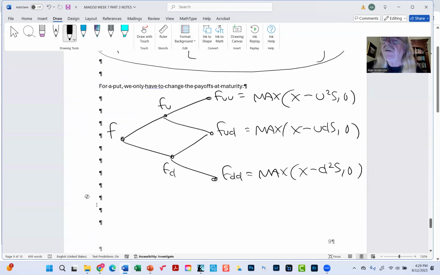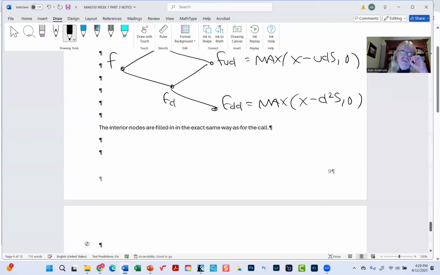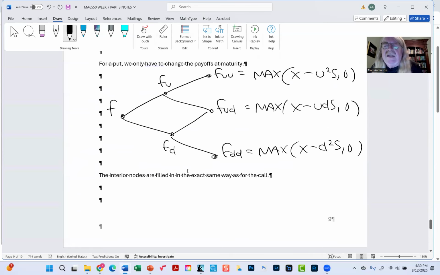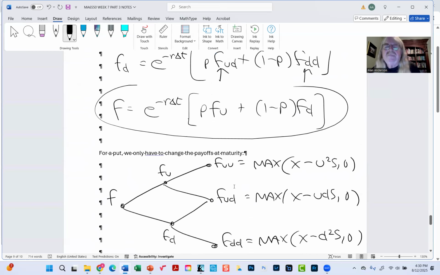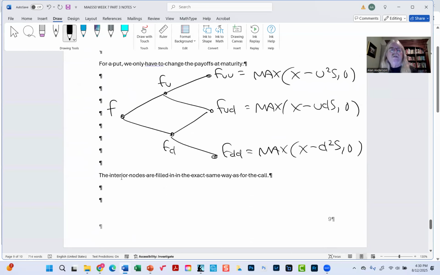The interior nodes are filled in the exact same way. Now this is a two-step model. There's a third step, and each time you stretch it out a little further, it gets slower.